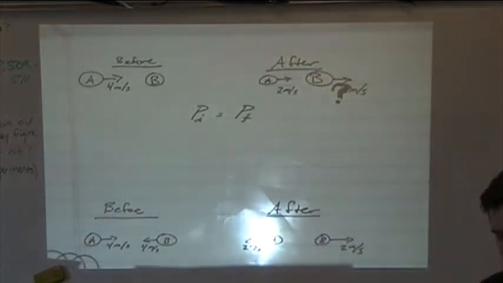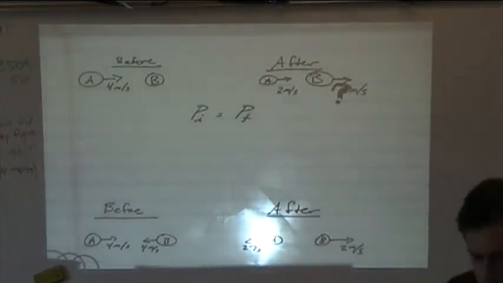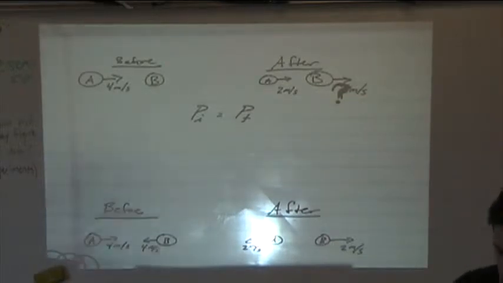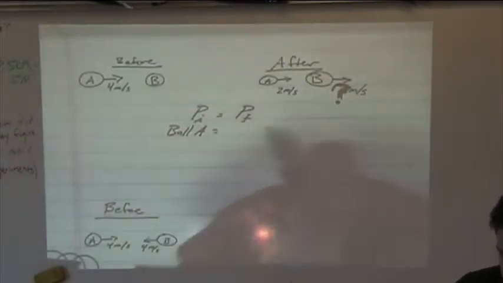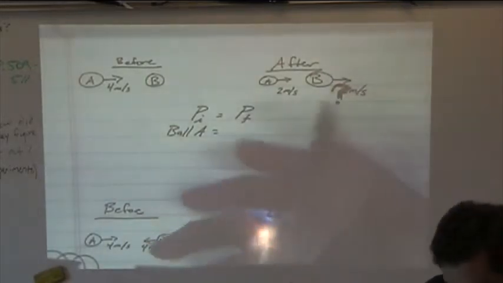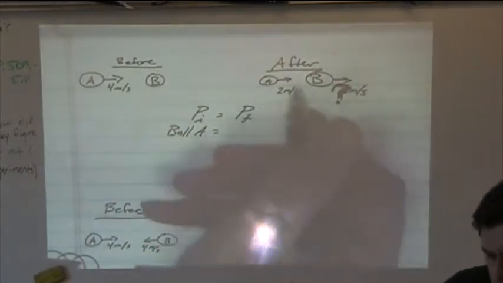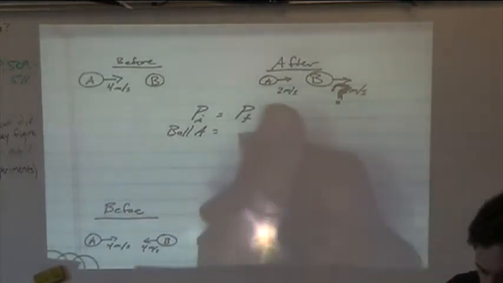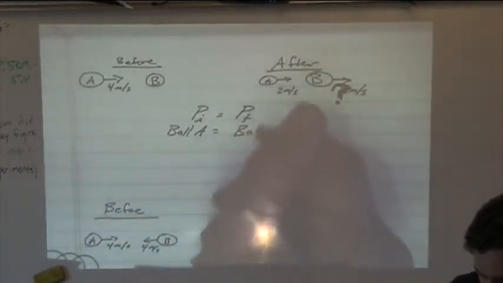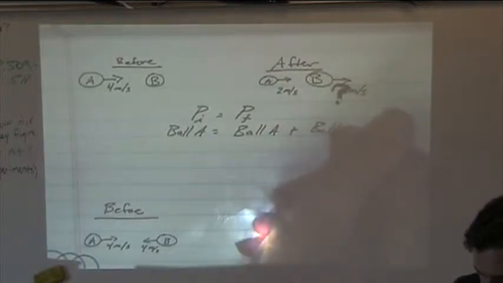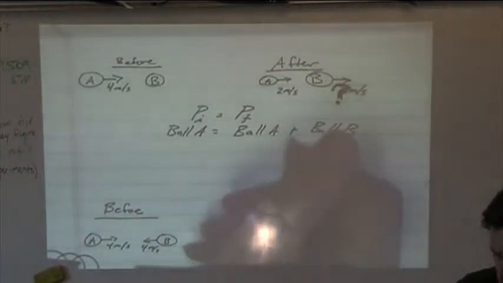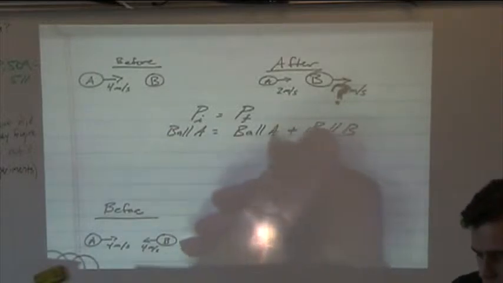The next thing you do before you try to write any sort of equation is ask yourself, what has momentum before and after the collision? The initial momentum is all in ball A. Since both balls have momentum after the collision, because both balls have mass and both balls have velocity, we would write ball A plus ball B. This is always going to be a plus sign because we sum the momentum.